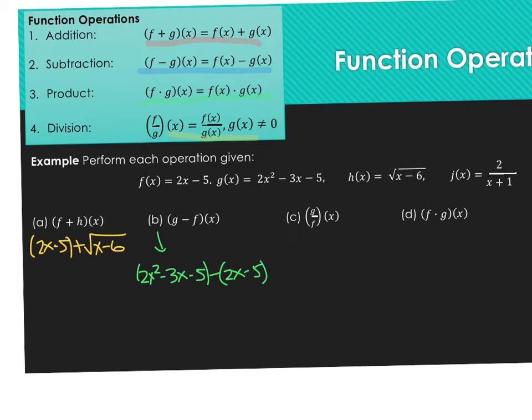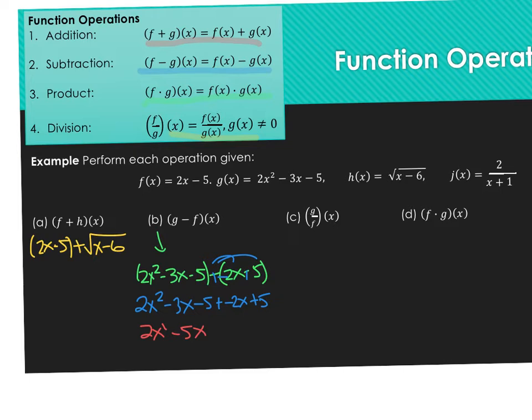Just like we talked about earlier in our function unit, if you are weak with distributing the negative through like this, you can change the negative to a plus and then change all signs in the parentheses. So 2x squared minus 3x minus 5 plus negative 2x plus 5, and then we just combine like terms. So 2x squared minus 5x, and then the 5's cancel out.